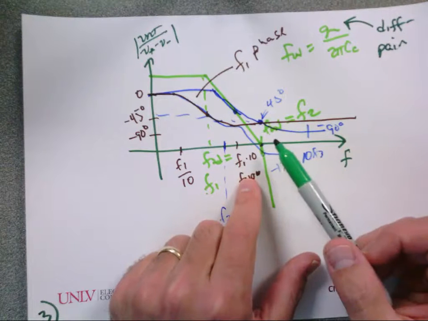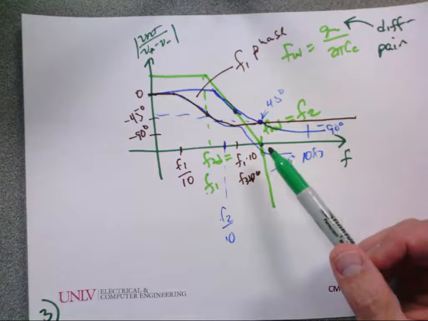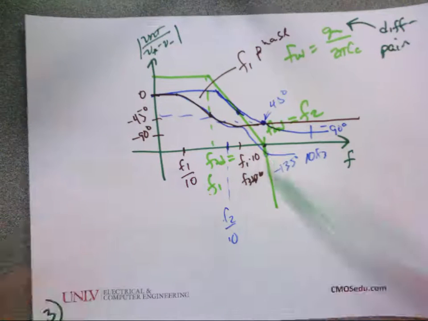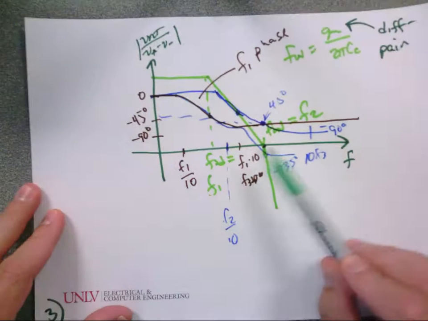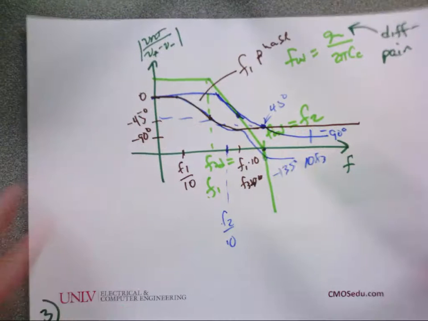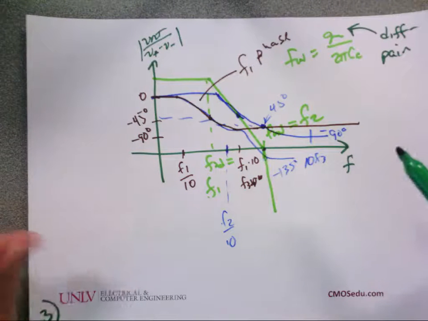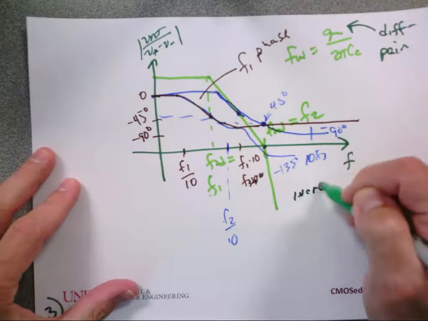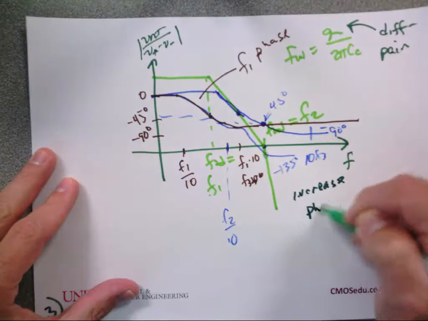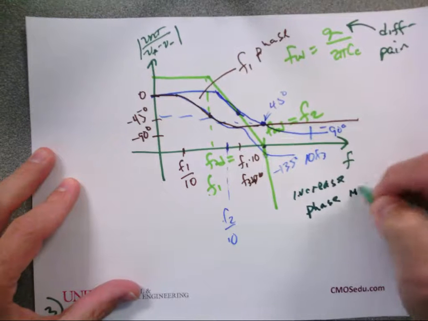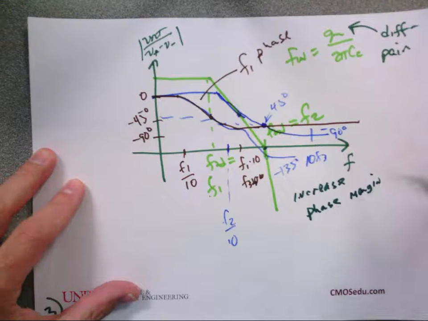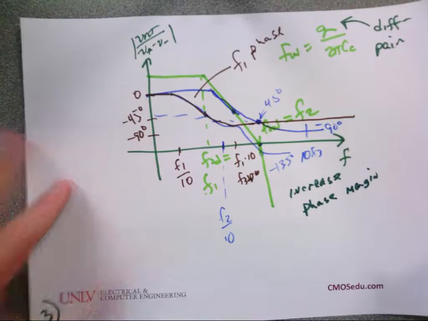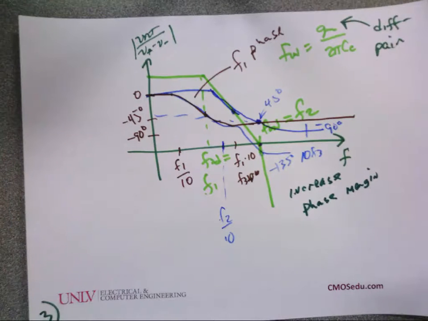So if I want to increase the phase margin, what do I do? Just looking at this and talking about F1, F unity, F2. If I want to increase the phase margin, what do I do? Don't think deep, just look at the plots.